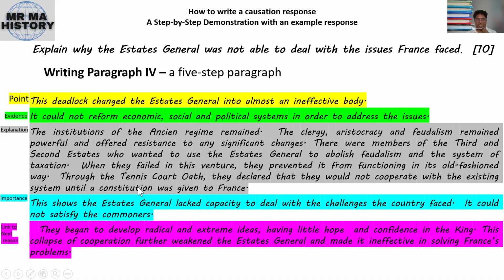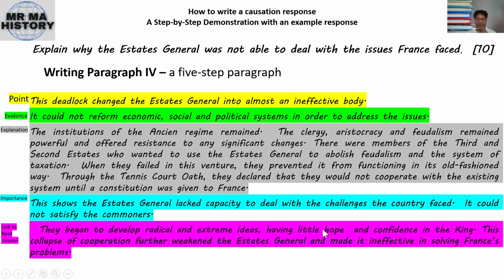Firstly, they show the importance of the reason, and at the same time these sentences also show the link between this reason and the next. And the third one is that they open up slightly the new reason. For example, in this case, as you can see here, having little hope and confidence in the king.